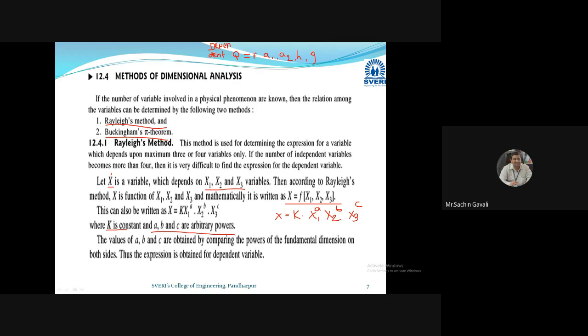And these powers a, b, c can be calculated with the help of dimensional analysis. So everybody got this, Rayleigh's method? Write down the methods of dimensional analysis. Without writing, we cannot understand; without practicing, we cannot understand this.